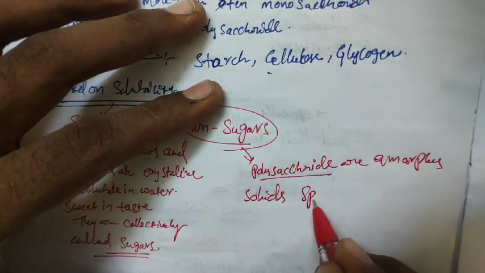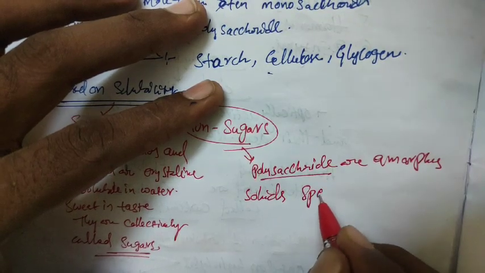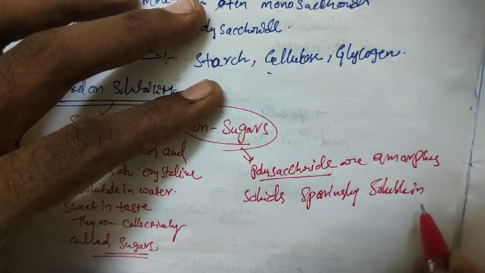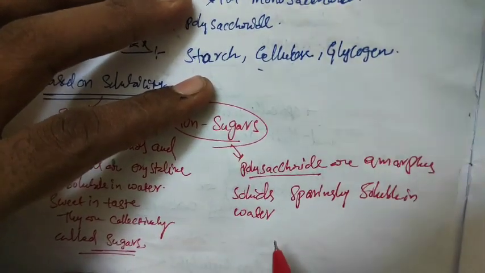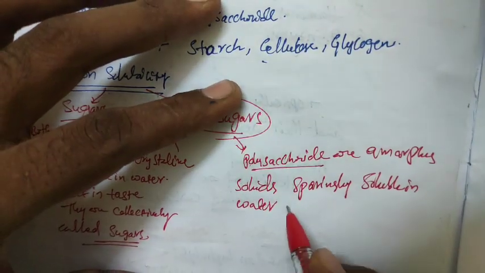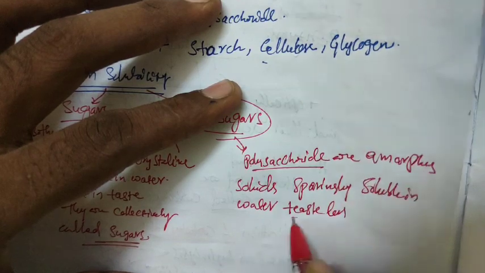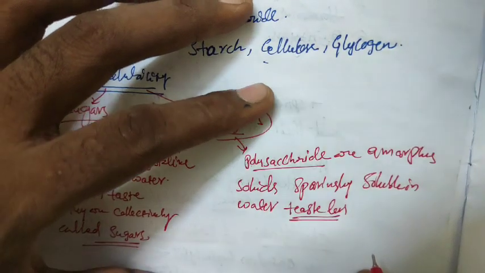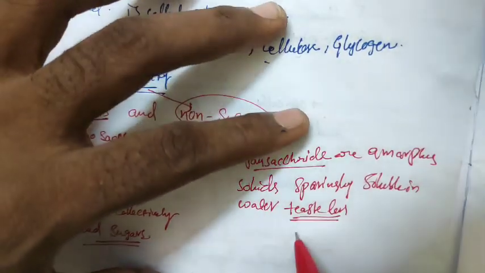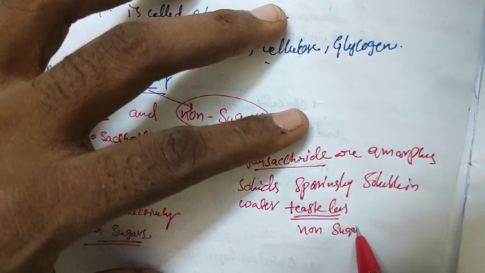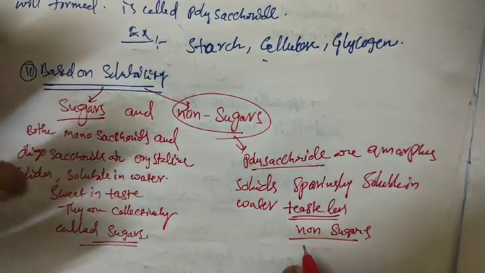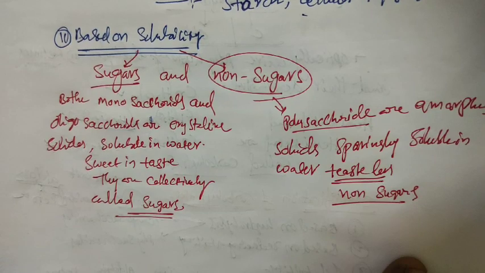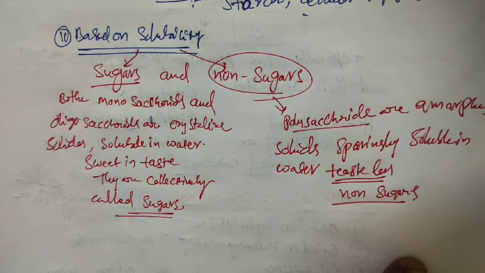Sparingly means partially, so they are sparingly soluble in water and also tasteless. That is why they are known as non-sugars. Understood? This is one type based on solubility. If it is soluble, it is sugar. If it is not soluble, it is non-sugar. That's all.